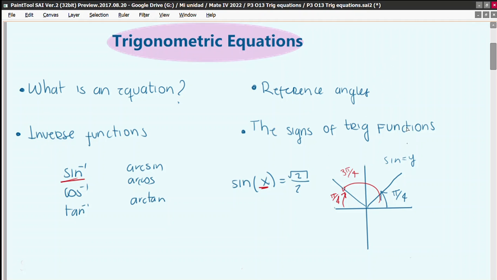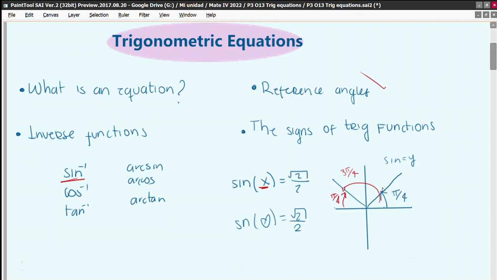Okay, so I'm going to elaborate on this further. We're going to be using a lot of reference angles. And also, we're going to be using a lot of remembering the signs of the trigonometric functions in the plane. Okay, so till here, I want to make sure we understood. Remember, sine of something is square root of 2 over 2 where?